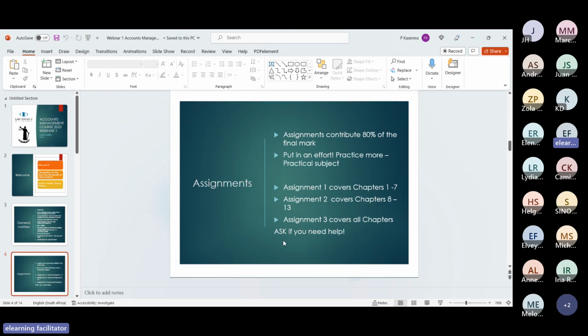I've discussed our assignments. Assignment 1 is mainly from chapters 1 to 7. Sorry, I said 1 to 6, but it's more 1 to 7 because it covers reconciliations and a bit of journal entries. Assignment 2 covers chapters 8 to 13. It's the one that covers everything and is a bit tough, so we've opened it for a longer period so that you can have time to work on it.